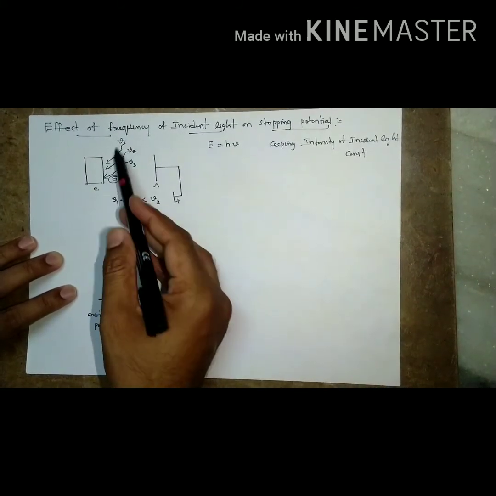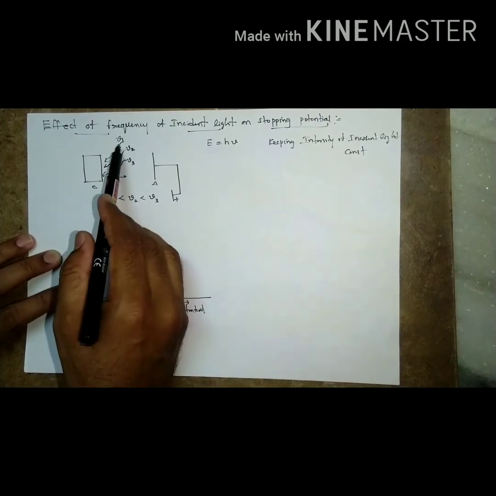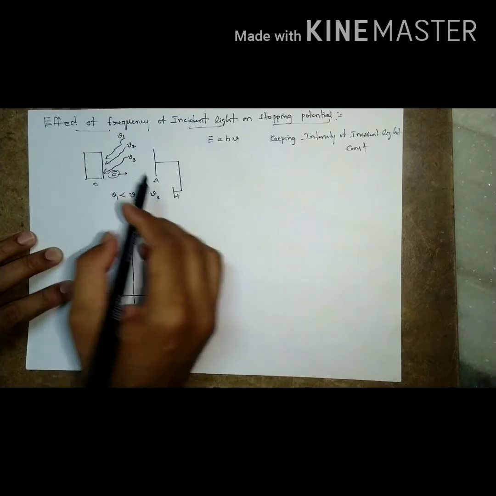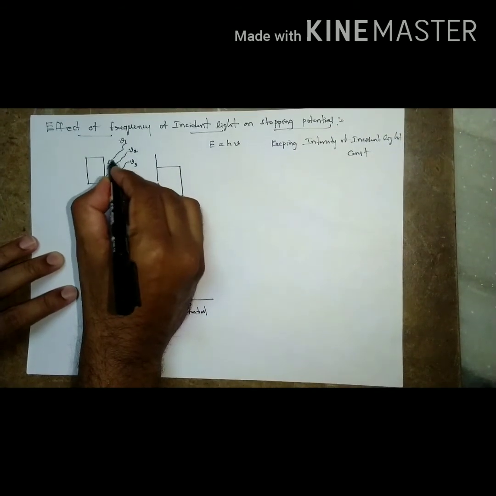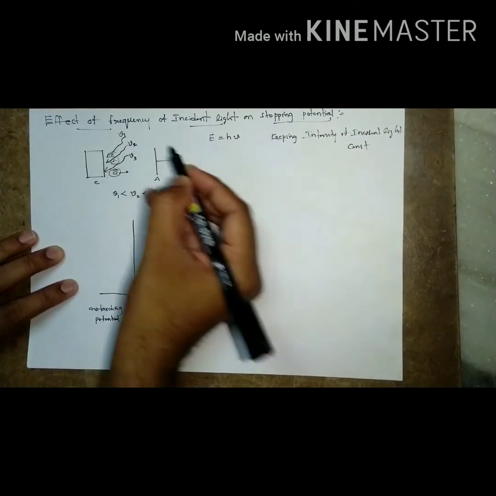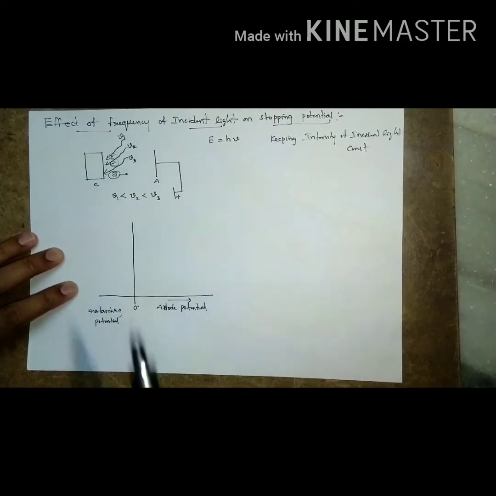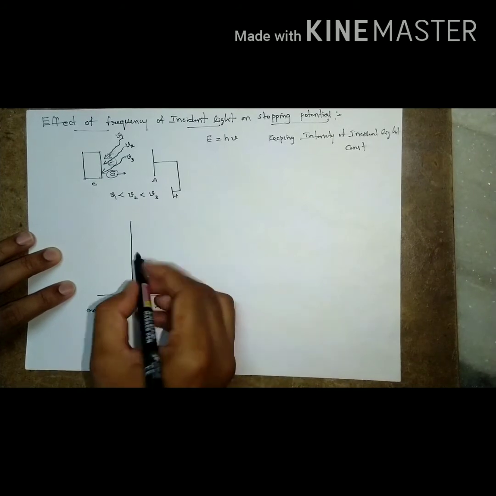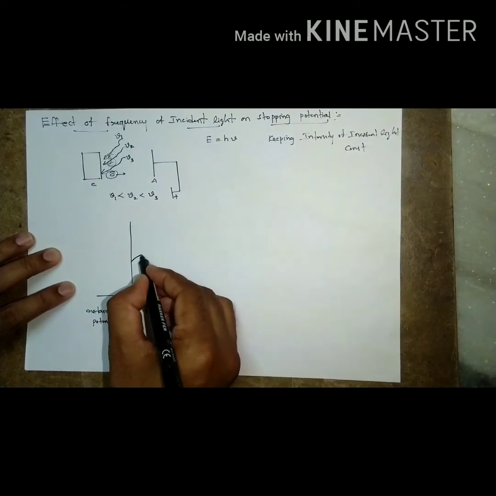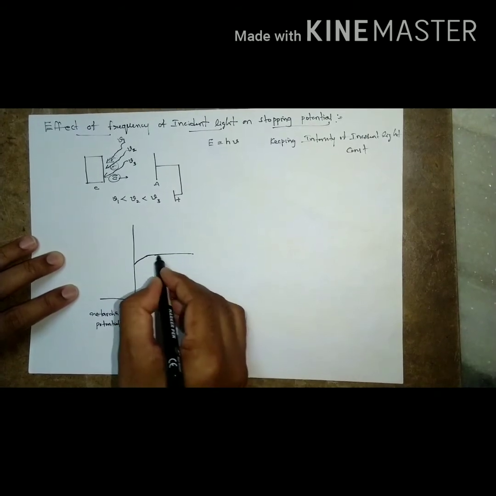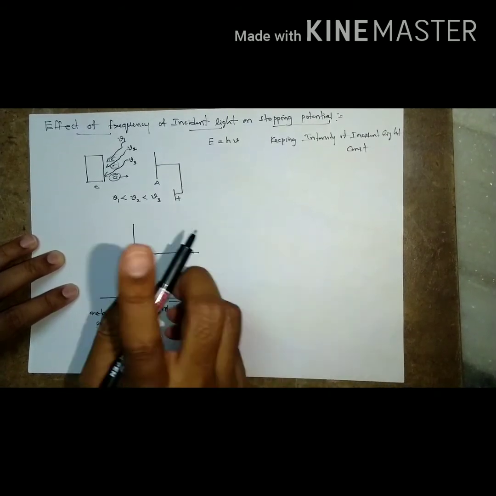Same intensity means the number of ejected electrons for these 3 light rays is the same. So the number of electrons reaching the anode is also the same. That's why the saturation current for these 3 frequencies of light is the same.